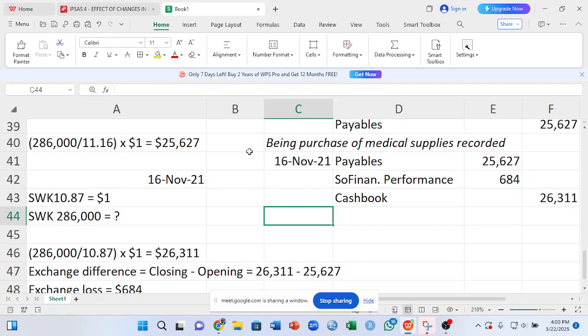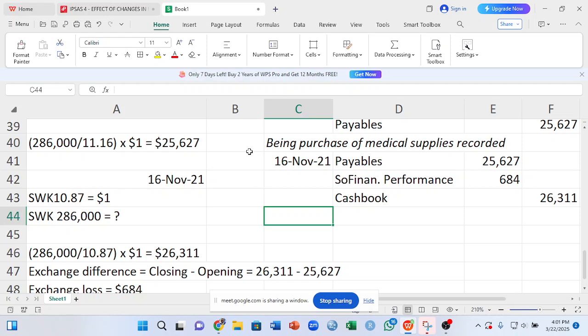Help us with the explanation. Since we had 26,311 as the balance at the end, we realized that there was an exchange difference which resulted in a loss of 684.